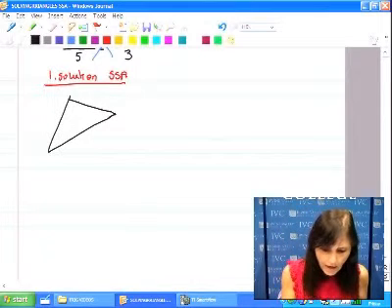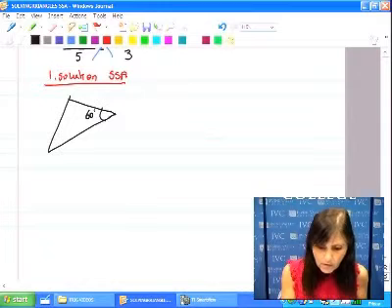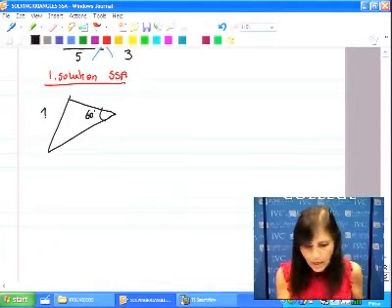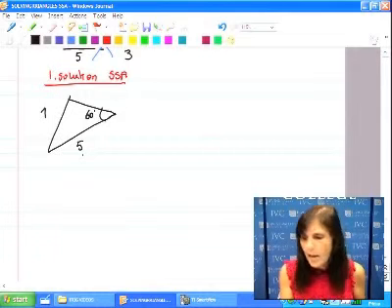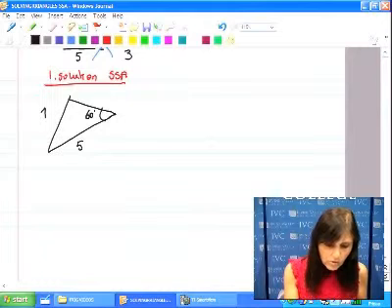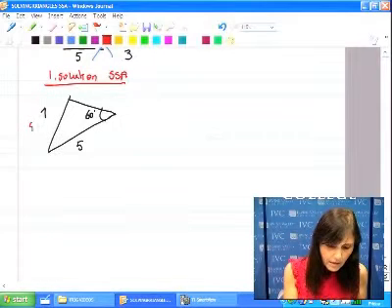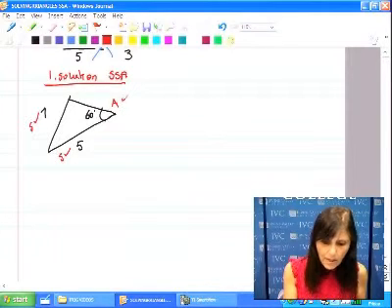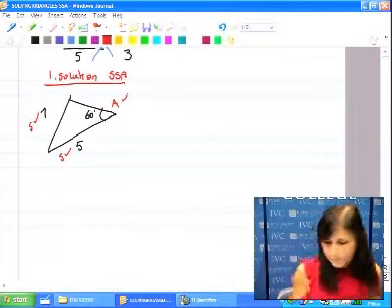Let's say I have a 60 degrees here, and I have a 7, and I have a 5. And is that an SSA triangle? So I know the side, and I know the angle. Yes, it's an SSA triangle.